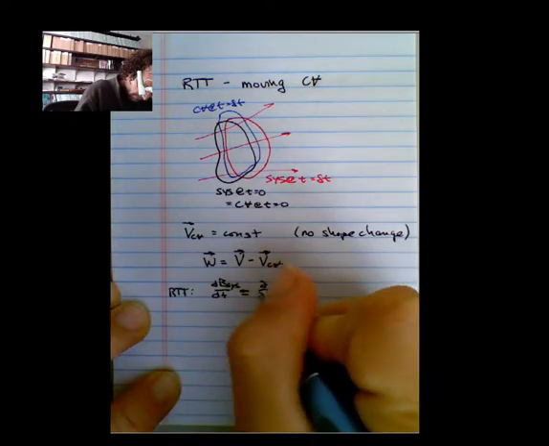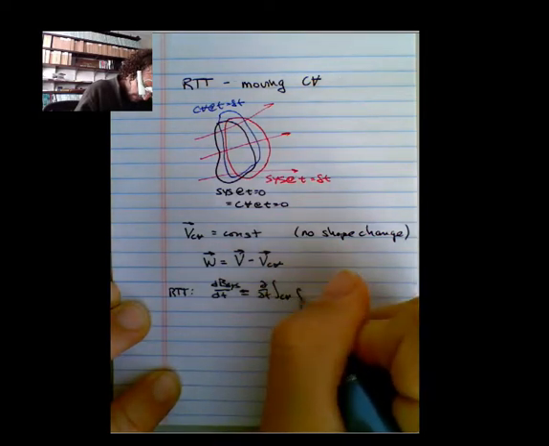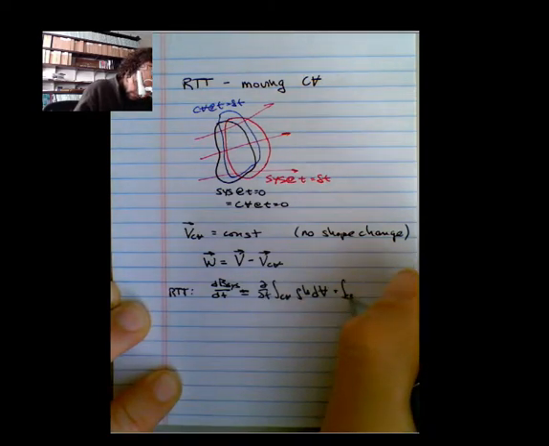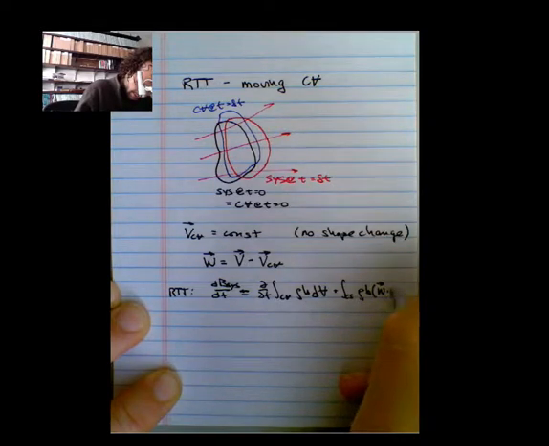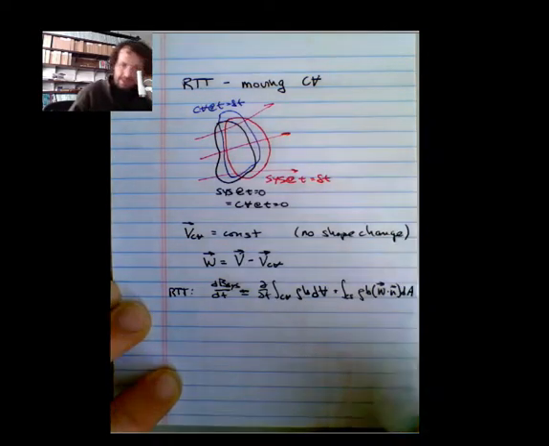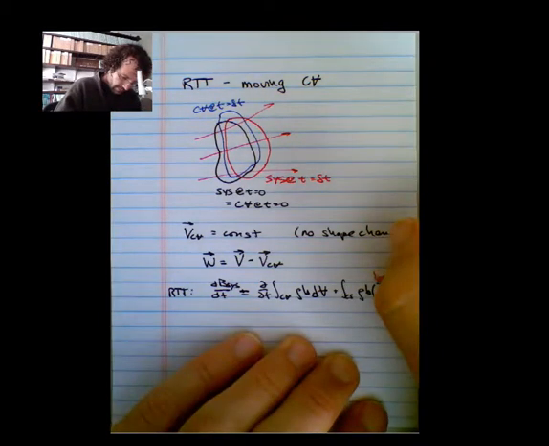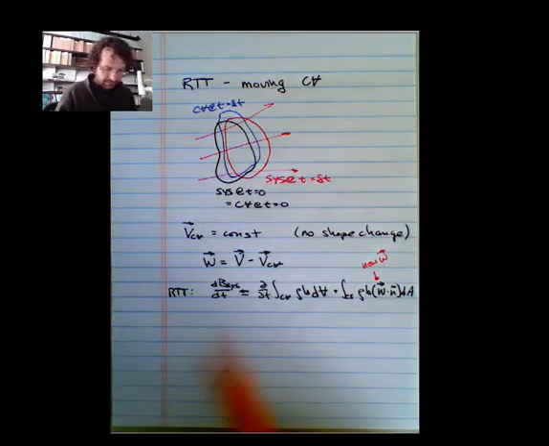So for general B stuff, control surface, B stuff, and we end up with W dot n dA. So this is the change. Now W relative to the control volume.